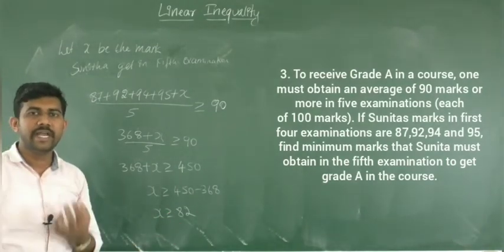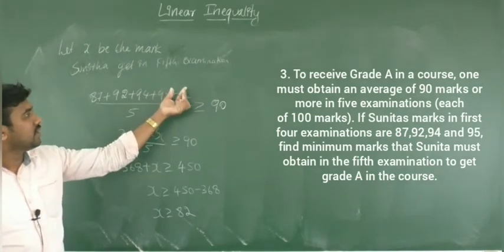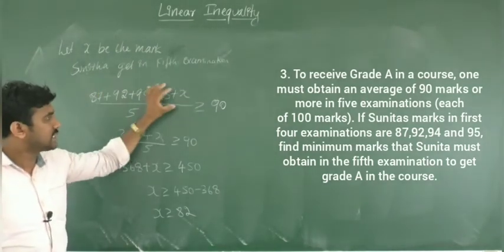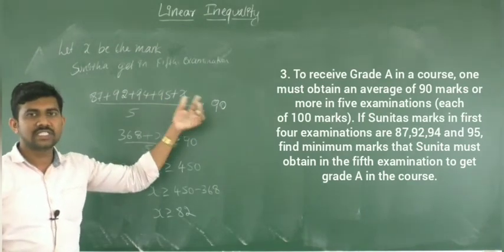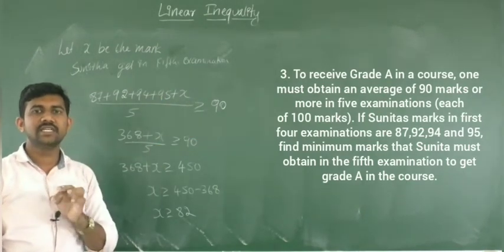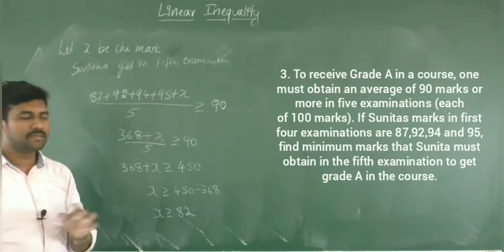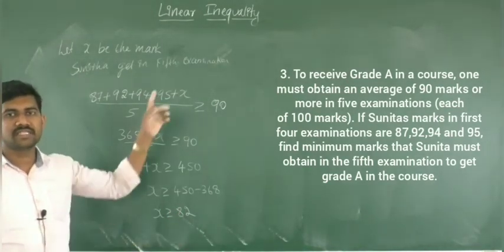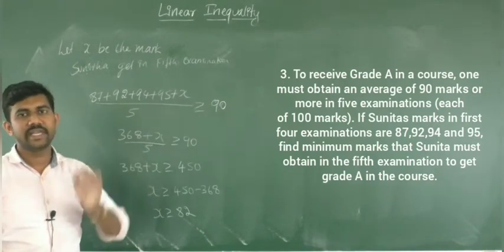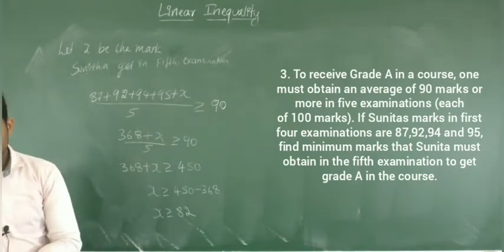She must score a minimum of 82 marks in the 5th examination to get an average of at least 90, and then clearly she gets grade A. If she gets a minimum of 82 marks in the 5th examination, she will get grade A. So this is the question.